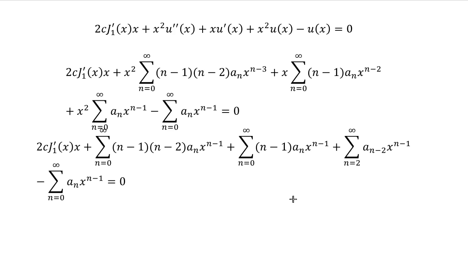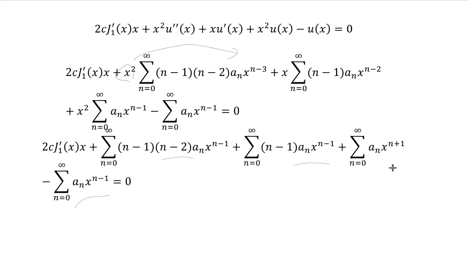All right, so how do we shift the indices? Let me try to explain it here. In order for n plus 1 to become n minus 1, what you need to do is replace n by n minus 2. If you do that, then n minus 2 plus 1 will be n minus 1, right?